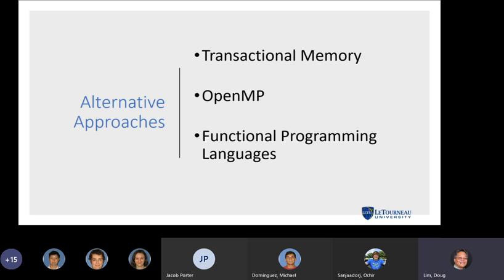But you don't have to handle the details. The compiler takes care of that. And then we have a completely different approach, which is functional programming languages, which don't have to deal with this because they're written in a functional way, but it's a completely different paradigm for writing programs. One example that I'm aware of is Haskell, one of the functional programming languages, but we'll go into this in a little bit more detail, not too much detail.